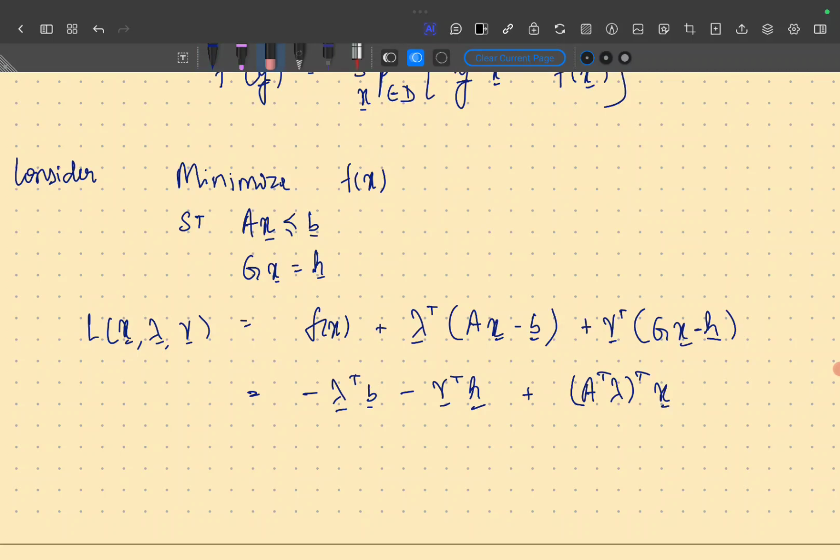and this quantity is G transpose nu, the whole transpose x. So in fact, let me just skip a step and say that this is (A transpose lambda plus G transpose nu) transpose x plus f of x.